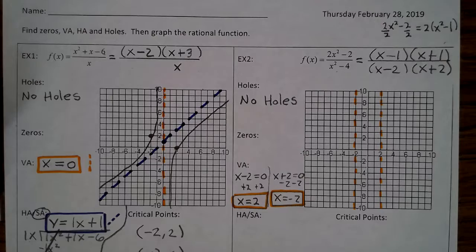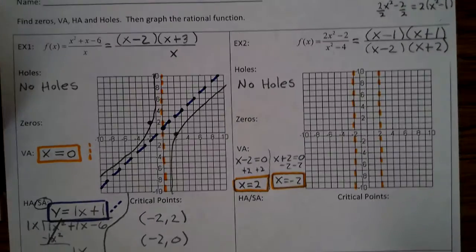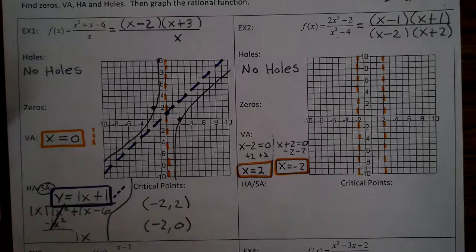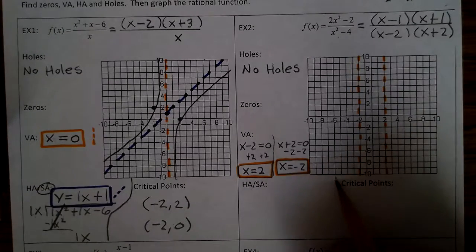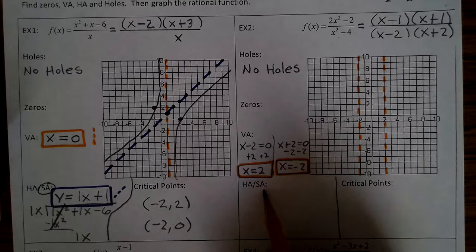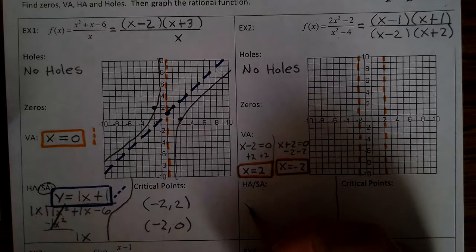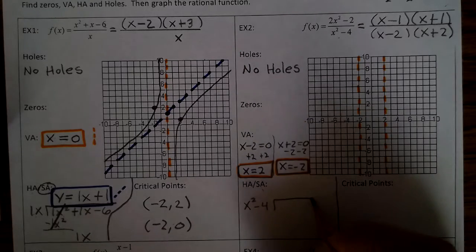Now to find the horizontal asymptote, we divide, so we have x squared minus 4 divided into 2x squared minus 2.